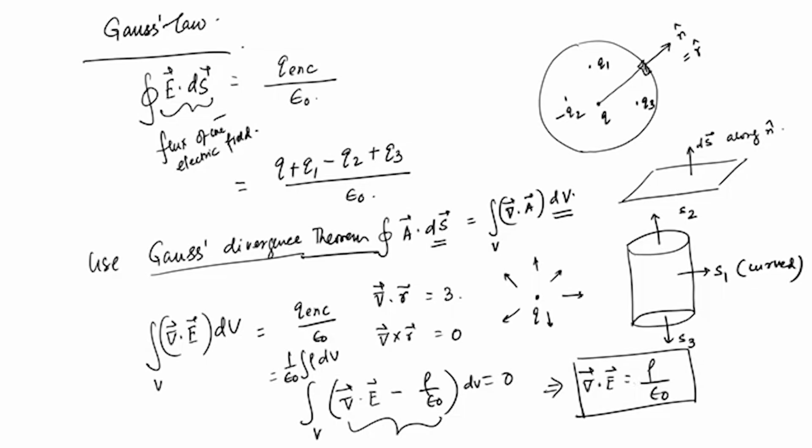If you read an old book which is written in CGS units, you will see instead of a 1 over epsilon 0, a 4 pi. So, it is a 4 pi rho. Let us see once more whatever we have seen, and that is the infinite sheet of charge.